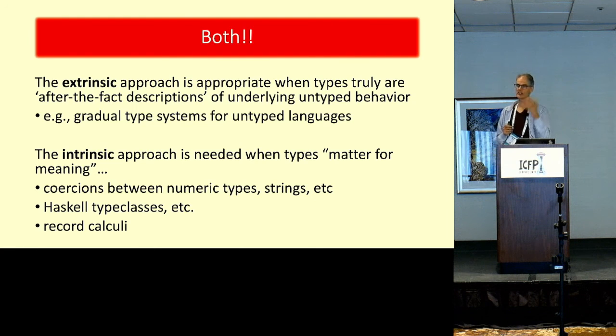And which type classes get inferred, there's then an expansion phase where the type classes that are inferred become part of the internal representation of the program and affect its meaning. So this notion of typed reduction is a very, very fundamental thing in modern programming languages, as is the other extrinsic view, which is relevant for things like gradual typing.